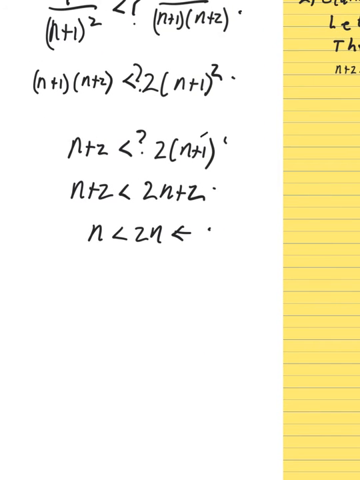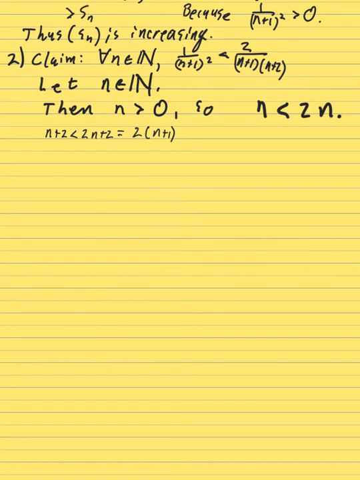To go from here to there, it looks like I need to multiply both sides by n plus 1.